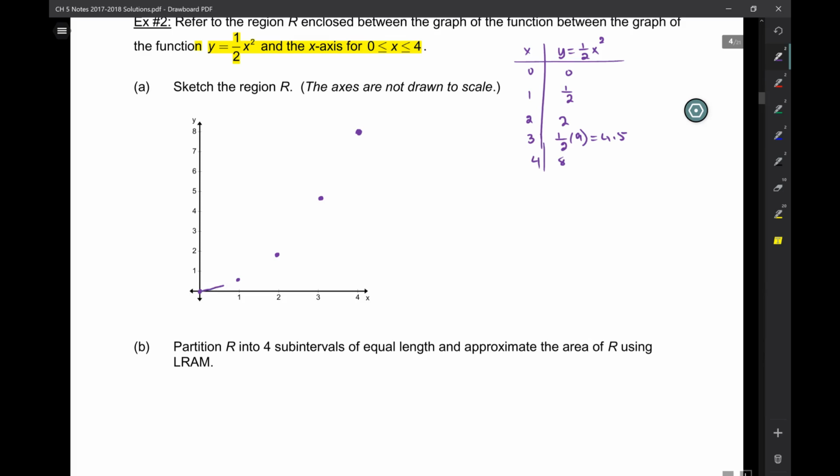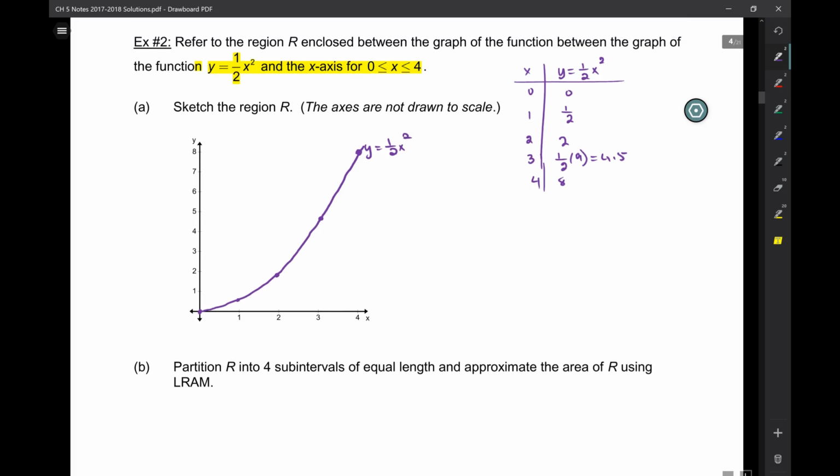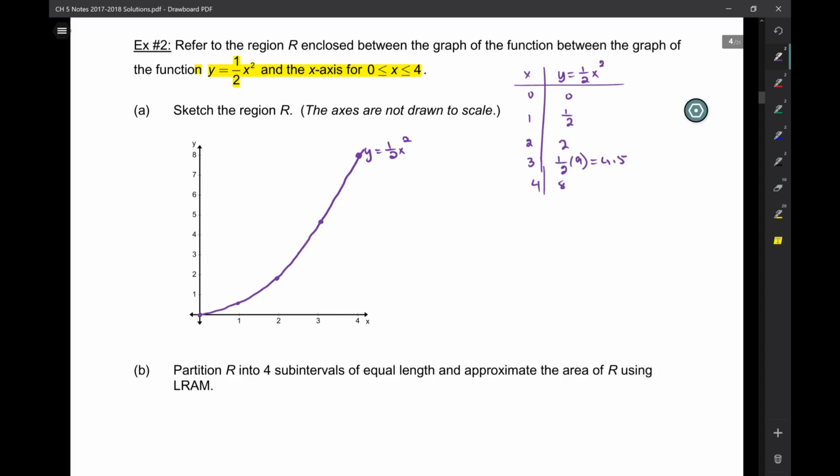So we graph this. This is y equals 1/2 x squared. The region I want is R, enclosed between the graph in purple, the x-axis, and it goes from 0 to 4. So you see that region? That's the region.